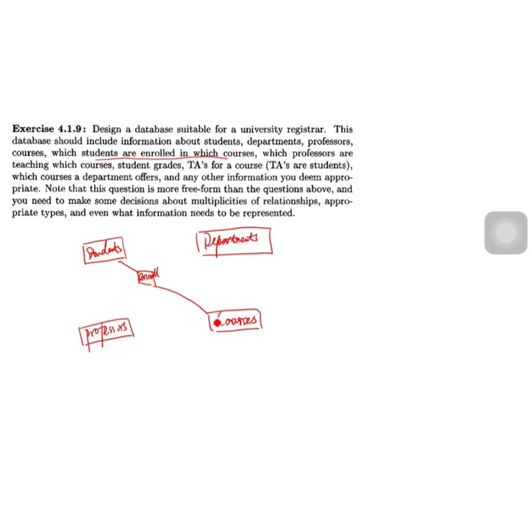And a course may be enrolled by many students, so this relationship is a many relationship. And which professors are teaching which courses? So we record the relationship between professors and courses, teach.